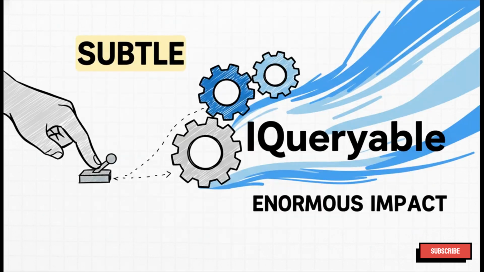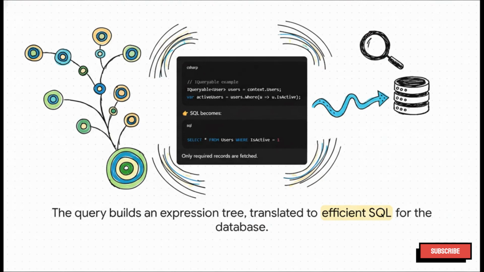Okay, so how do we fix this disaster? Well, this is where our smart shopper, IQueryable, comes to the rescue. The change in the code is tiny, but the impact, oh, it's massive. Now look at this. The big difference? No premature .ToList call. Instead of immediately fetching the data, IQueryable works like a query builder.